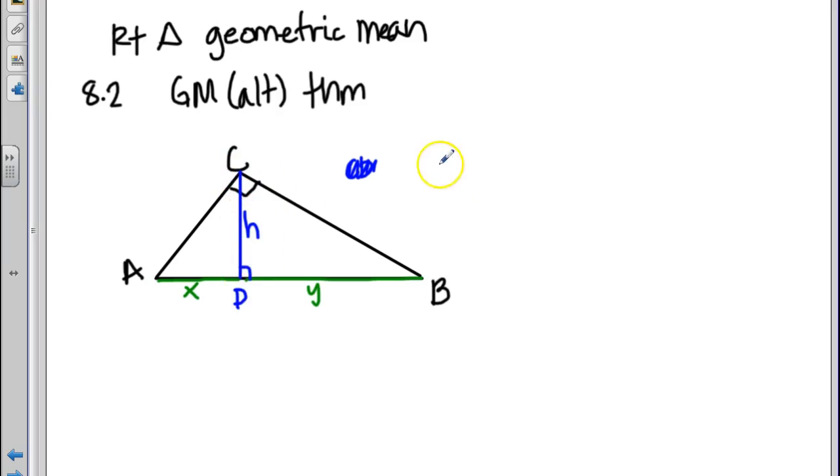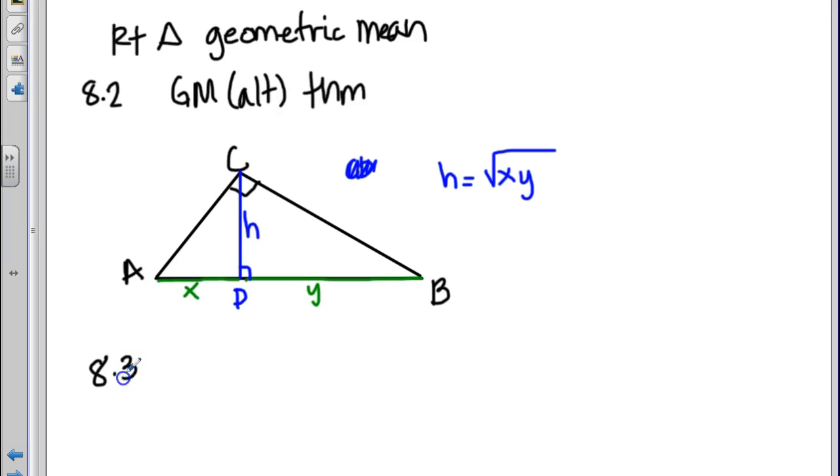So H, or the altitude, is the geometric mean between these two pieces that it separated the hypotenuse into. So once we draw that altitude, the height of the triangle is the geometric mean between these two. We'll work a problem like that in just a second.